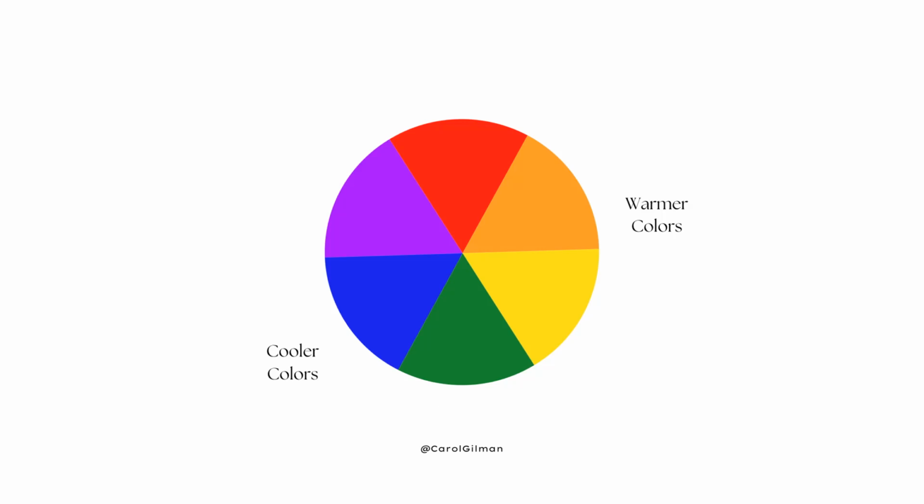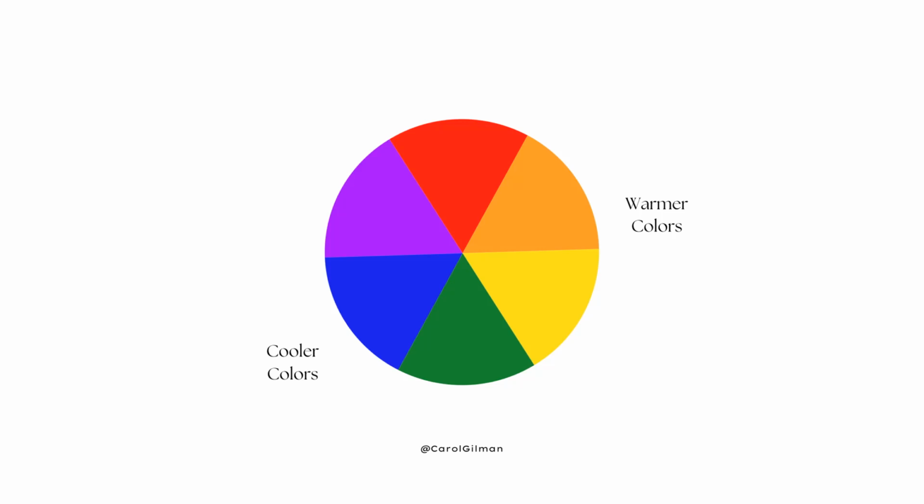Another way we can look at the color wheel is through the lens of whether a color is considered to be warm or cool. So whether that color has a warmer look and feel to it or a cooler look and feel to it. If a color has some yellow in it, usually that means it can be more on the warmer side. But if it has more blue in it, it can be more on the cooler side.